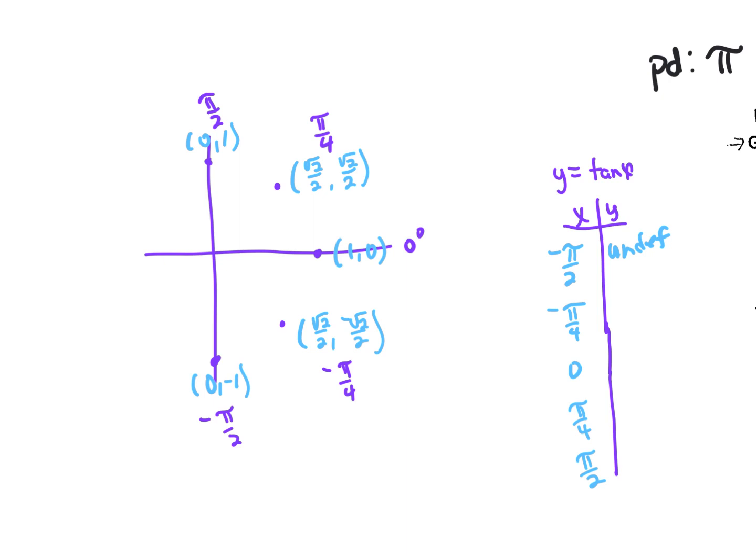And then at negative pi over 4, we're looking at the numerator of the y over the numerator of the x. So negative root 2 over positive root 2. CJ, what does that give us? So we're here at this coordinate, and we're going to do the numerator of the y, so negative root 2 over 2, over positive root 2 over 2, the numerator of the x.